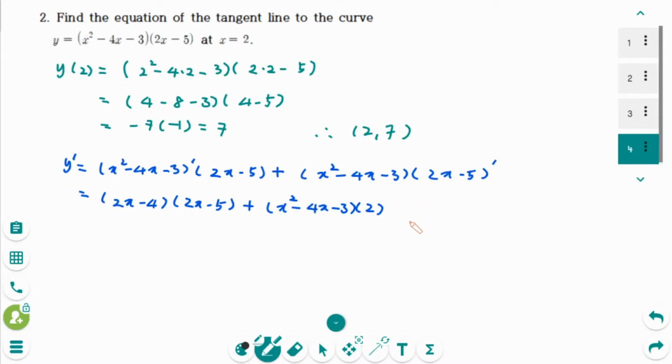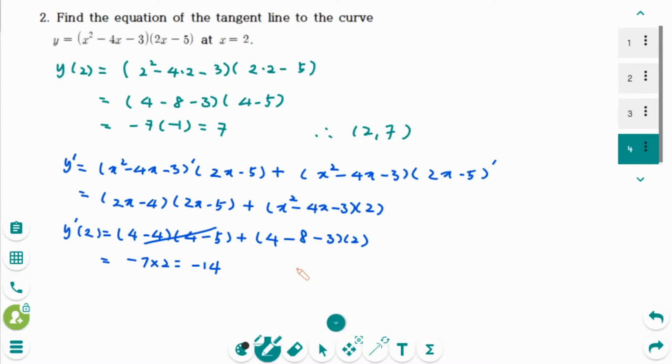Put 2 into x, so y′(2) = (2·2 − 4)(2·2 − 5) + (2² − 4·2 − 3)(2). 4 − 4 equals 0. Then 4 − 8 − 3 equals −7, times 2, which is −14. The slope of the tangent line equals −14.